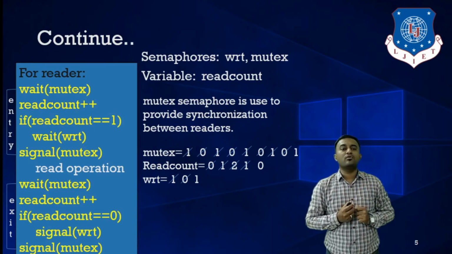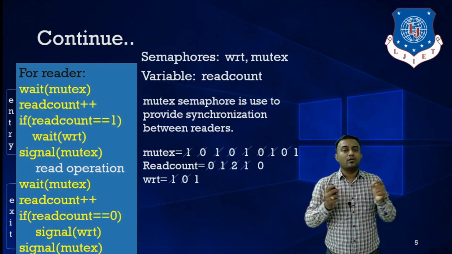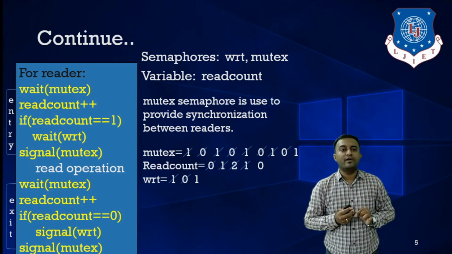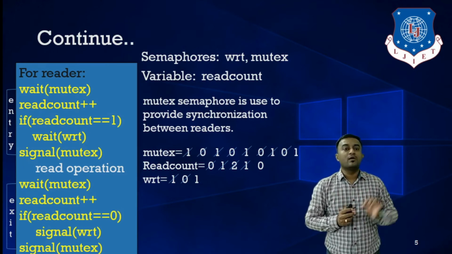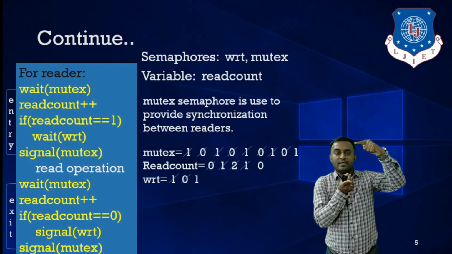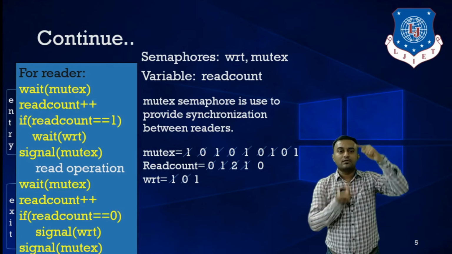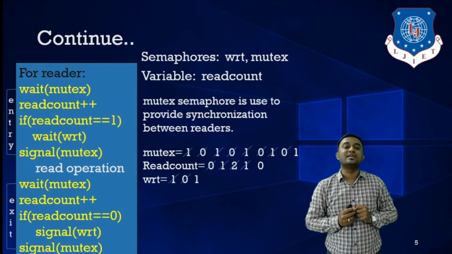First of all, we are talking about the entry section. Suppose a reader tries to enter into the critical section to read something. The first statement is wait on mutex. See, the entry code is enclosed with two operations, one is wait and the last one is signal.